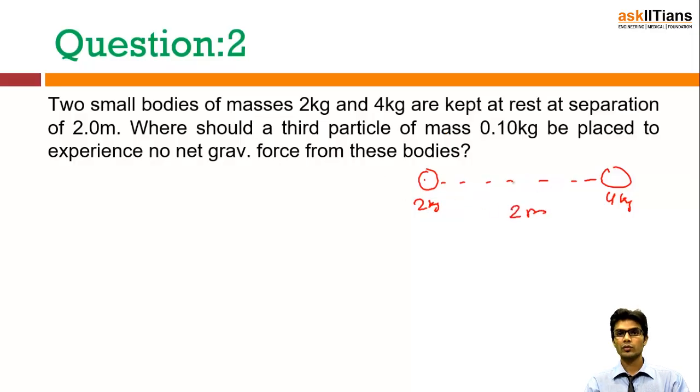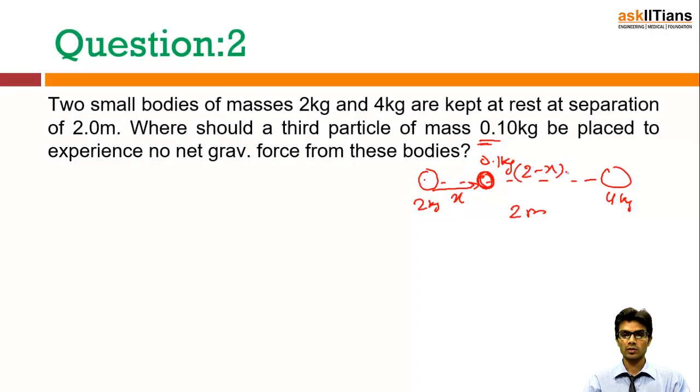Now where should a third particle of mass 0.1 kg be placed to experience no net gravitation from these bodies? So let us consider we are putting this third particle of 0.1 kg here at distance x from 2 kg. So the distance between 0.1 kg and 4 kg is 2 minus x.